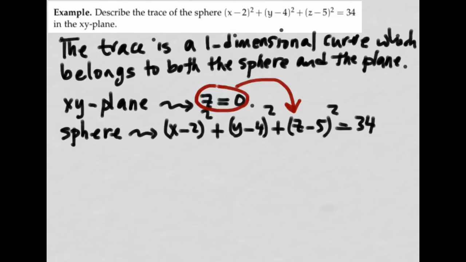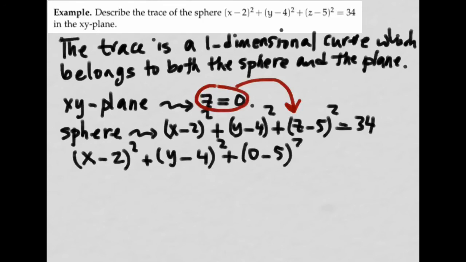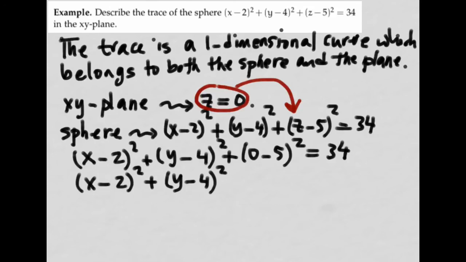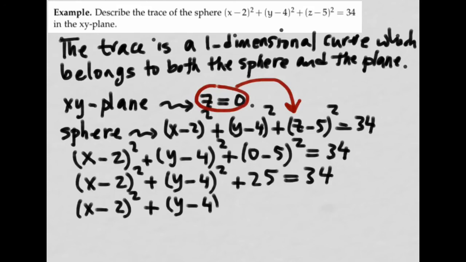If we do that, we get the following. X minus 2 squared plus y minus 4 squared plus 0 minus 5 squared equals 34. That's x minus 2 squared plus y minus 4 squared plus 25 equals 34. That's x minus 2 squared plus y minus 4 squared equals 34 minus 25, which is 9.